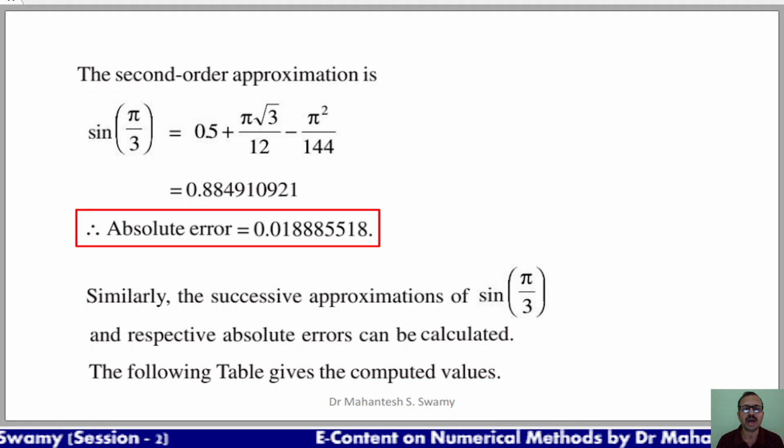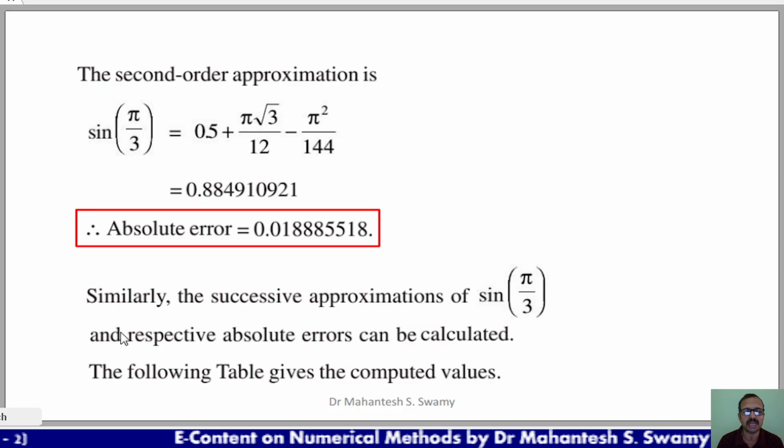Similarly, you have the second order approximation by considering 3 terms. This is the simplification after using the calculator; take it to the left hand side and you will get the absolute error like this. Similarly, the successive approximations, that is third order, 4th order, 5th order, 6th order, 7th order of the function sine pi by 3 can be calculated, their absolute errors can also be calculated in the same way, and they can be tabulated.